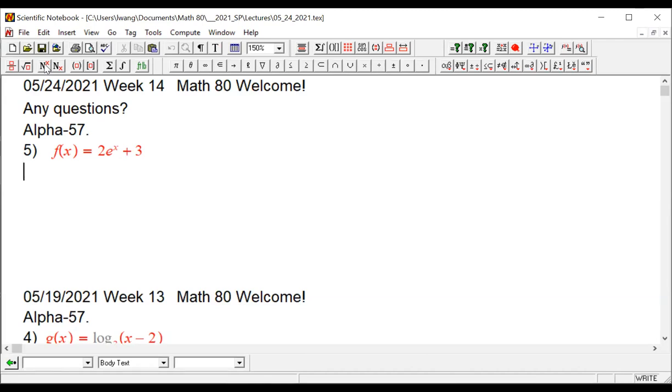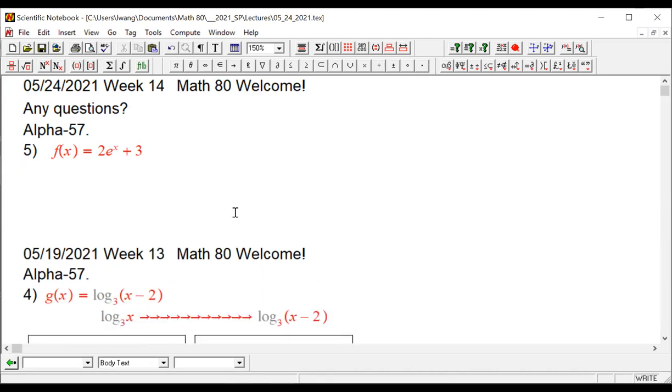Okay. In this question, of course, we still have the same task, which is to find the inverse, right? Along the way, we also will identify, and we're going to do the graph. We're going to see the different aspects about these functions.